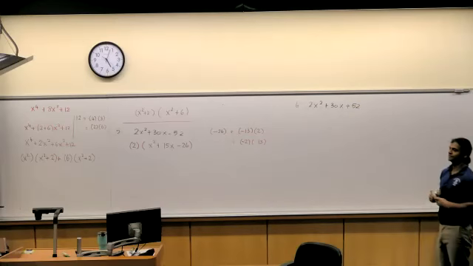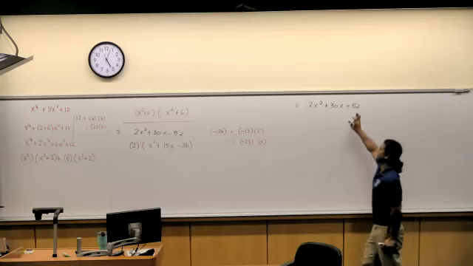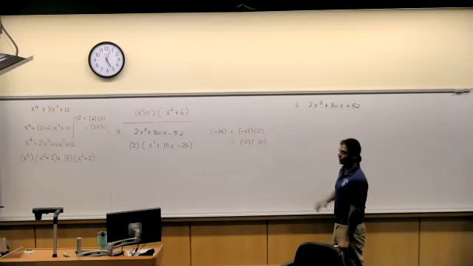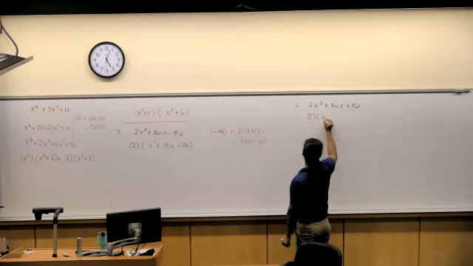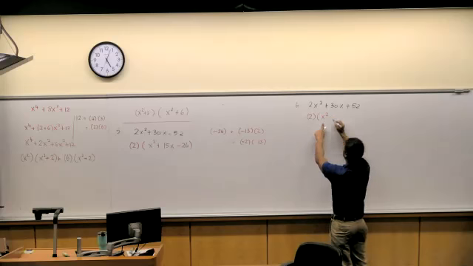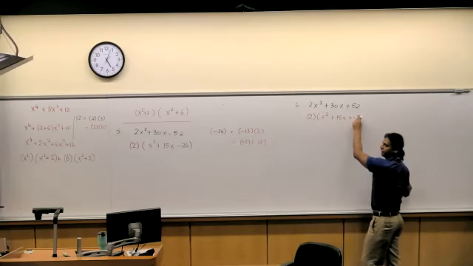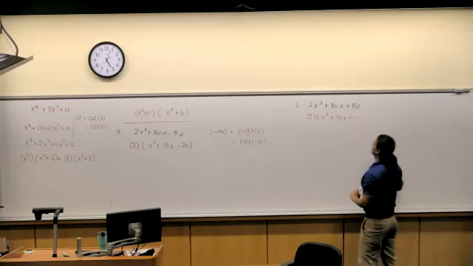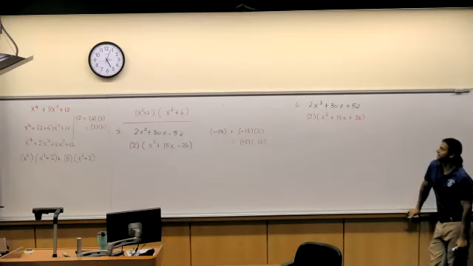Good. It only took one side. Again, I have 2 in common. If I pull that out, x squared plus 15x plus 52. If I take 2 out, I'd end up getting 26.